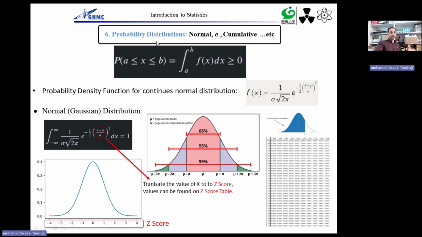Now, my next topic is probability distribution. Too many parts. This is the most important thing. This f(x) here, which means the function, is always the continuous normal distribution. This f(x) is equal to 1 divided by the standard deviation times the square root of 2 pi, exponential to the negative of X minus the mean divided by the standard deviation, squared.